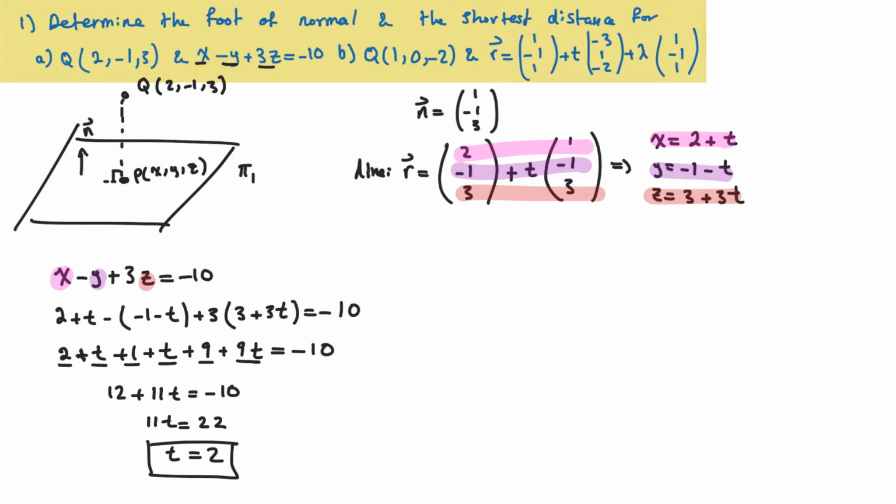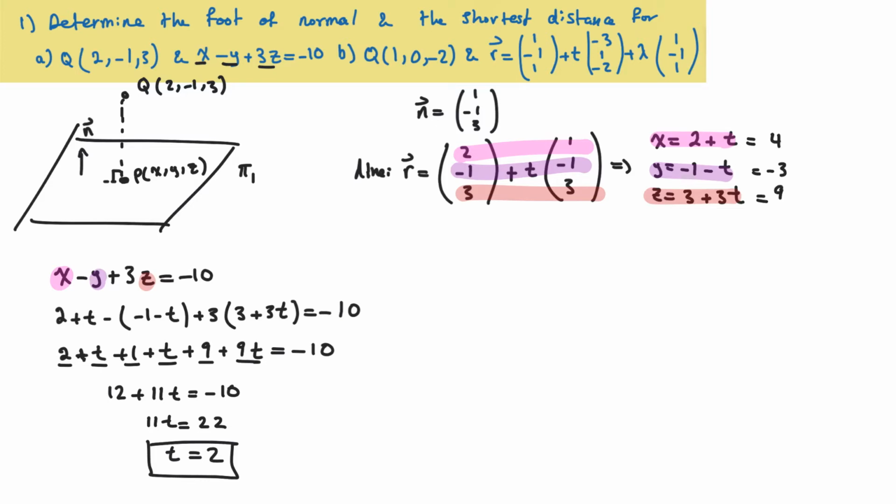It is always nice when we get a nice round number. We can plug it back into our equation. x is 2 plus t, 2 plus 2 is 4. y is equal to negative 1 minus t, negative 1 minus 2, which is negative 3. And z is 3 plus 3 times 2, 3 times 2 is 6, plus 3, it is 9.